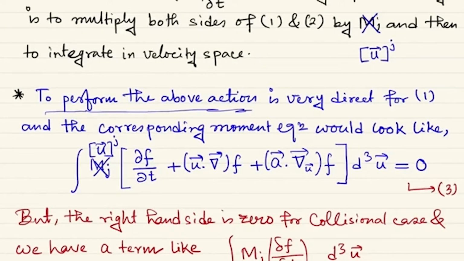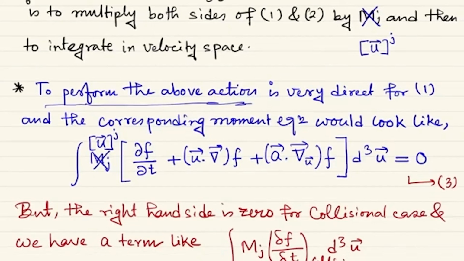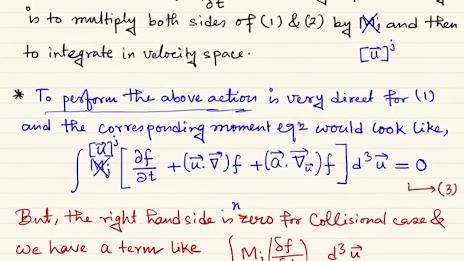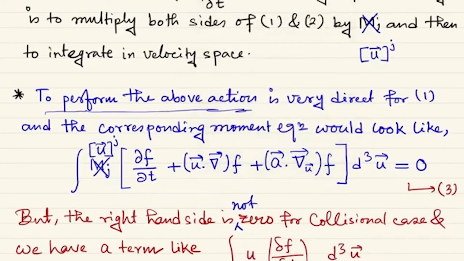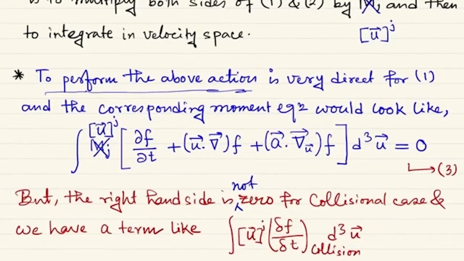In general, the right hand side for the collisional case is not 0, and we have a term like u j. Yeah, so that is the correct expression, as you can see.